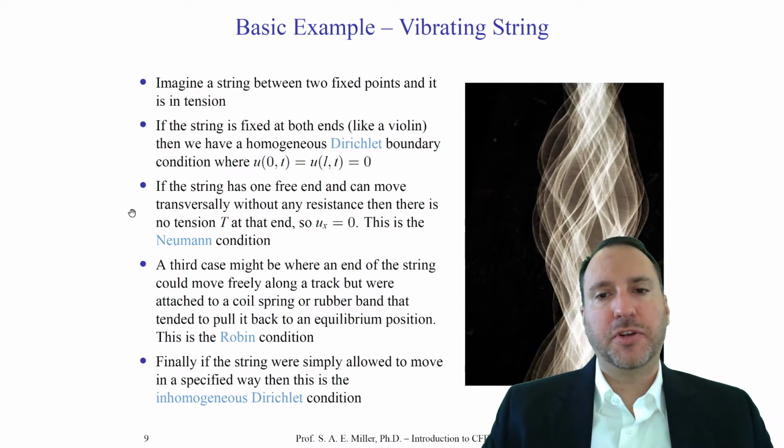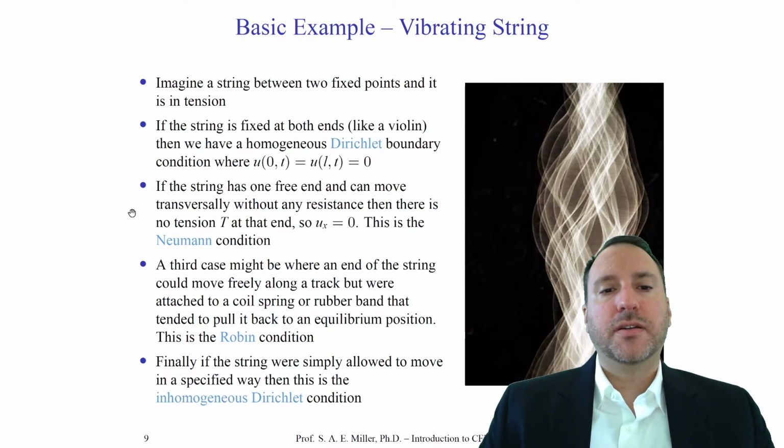This is an example of a Neumann condition. You can imagine if I have a string and I hold one end in a clamp or vise, or tape it to a table, and I take the other end and let it only have the partial derivative of u with respect to x be equal to 0. That means the slope of the string is always 0 there.